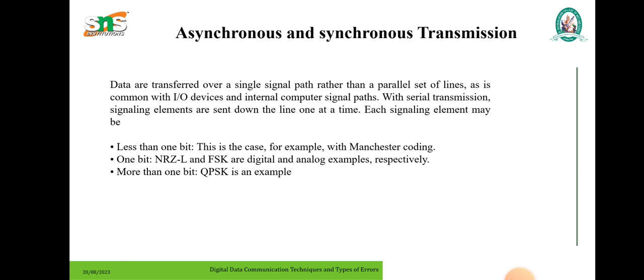Each signaling element may be less than 1 bit or more than 1 bit. It is less than 1 bit, for example, in Manchester coding and NRZ-L, for digital, and FSK, for analog, respectively. For more than 1 bit, QPSK is a very good example.